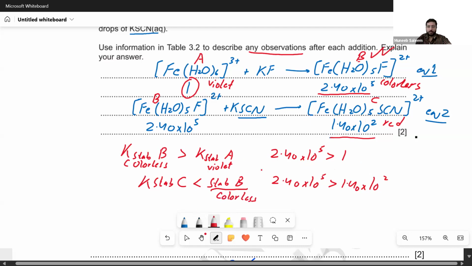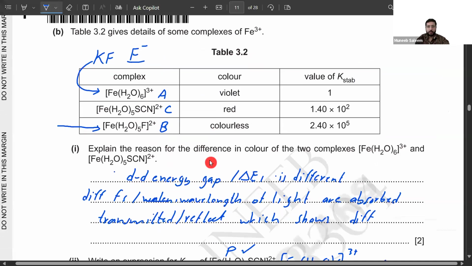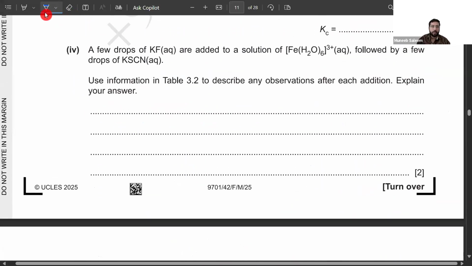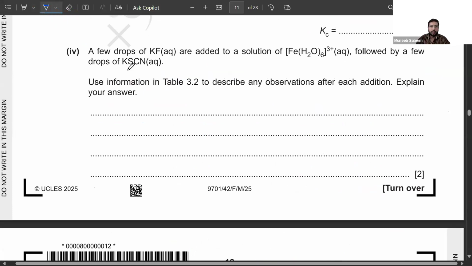Now we have to put all this information into paragraph form, and we also have to give the explanation. So coming to the question here, we have to apply all the information that we have inferred from here.